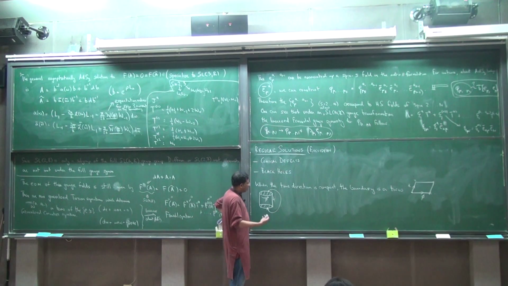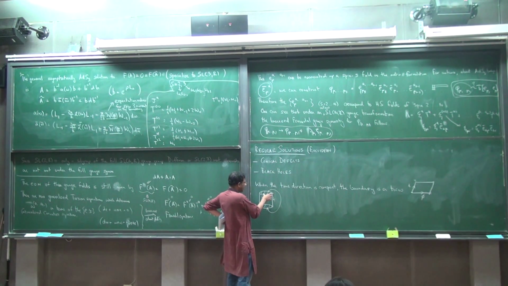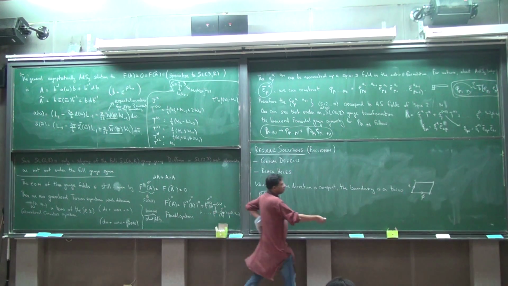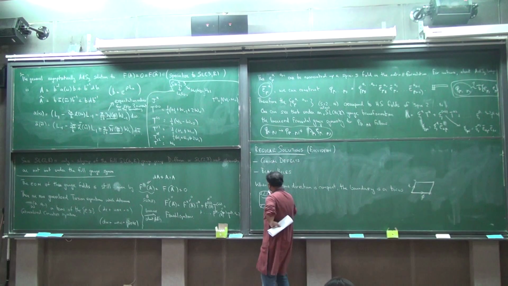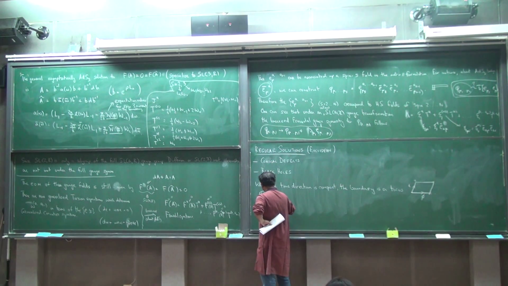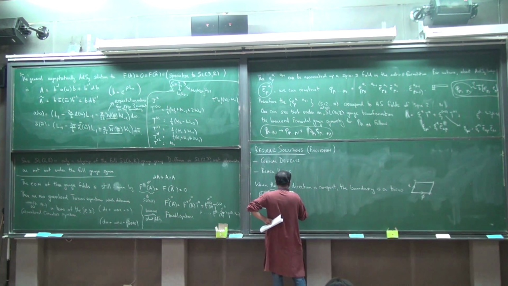So the first happens in AdS3. In AdS3, this phi circle smoothly shrinks to 0. This is in fact a picture of global AdS. So there are two things that can happen.